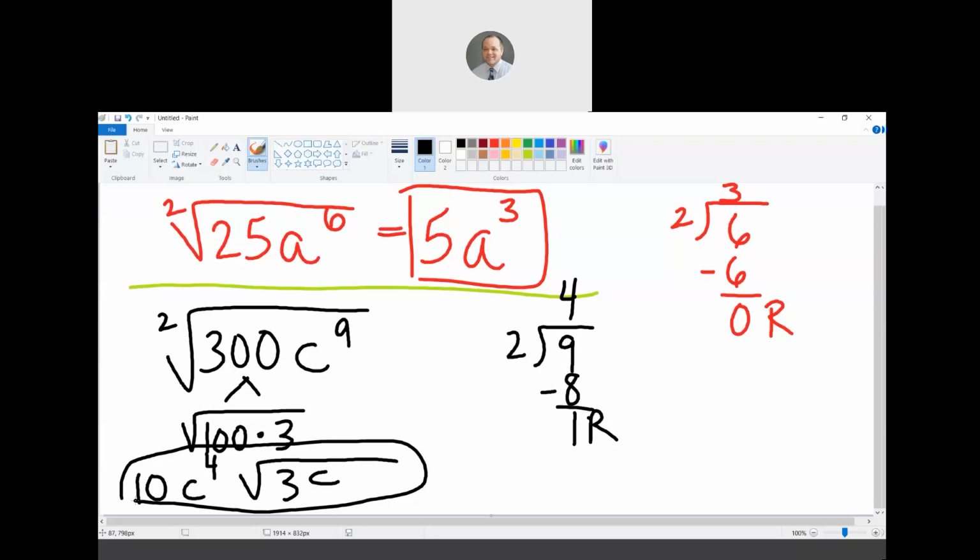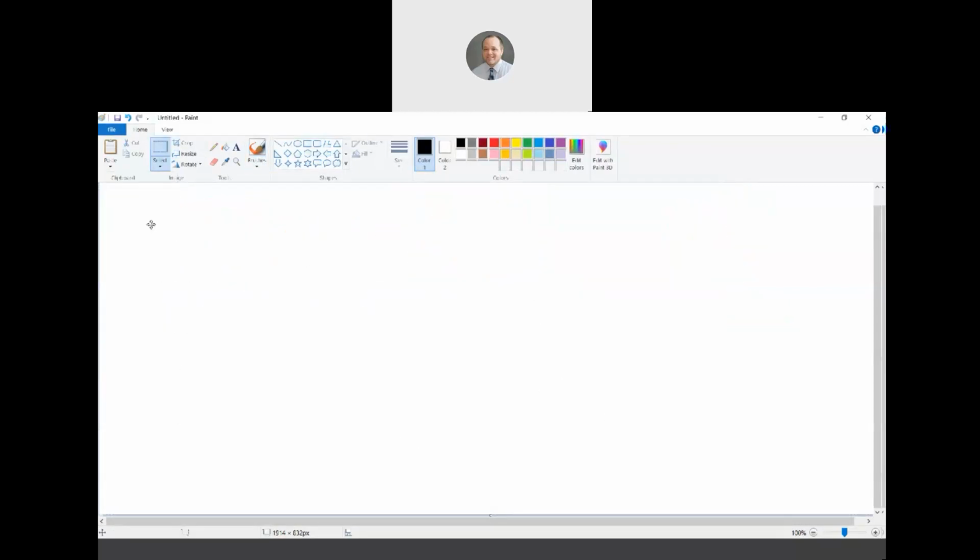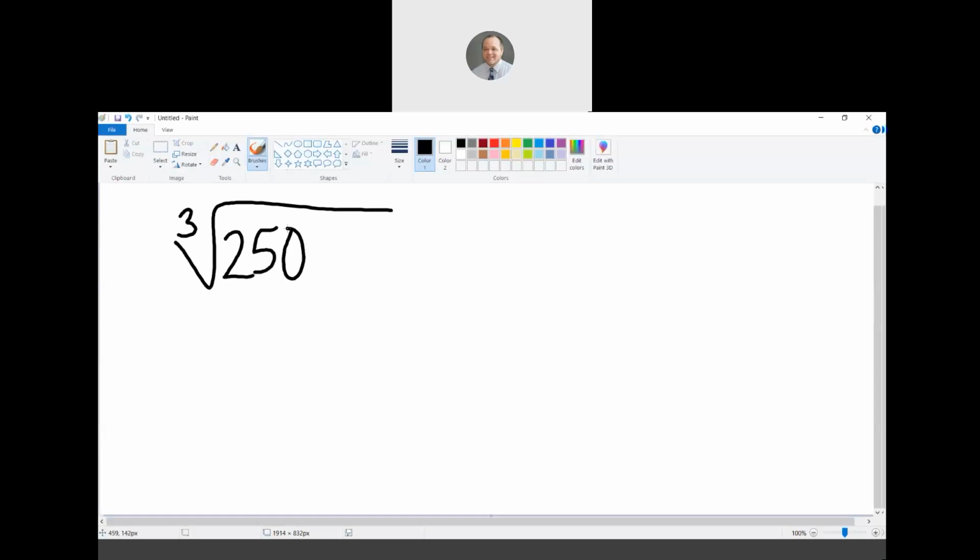Let's look at one more example with a higher root and also a couple of letters. We have the cube root of 250, w to the third power, and m as in Mary to the 20th power.